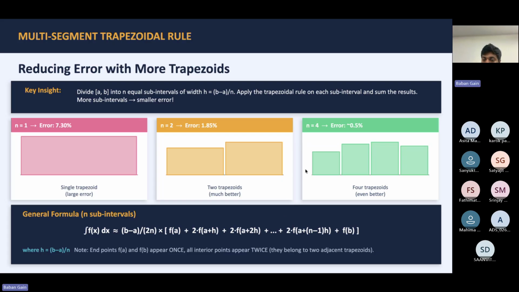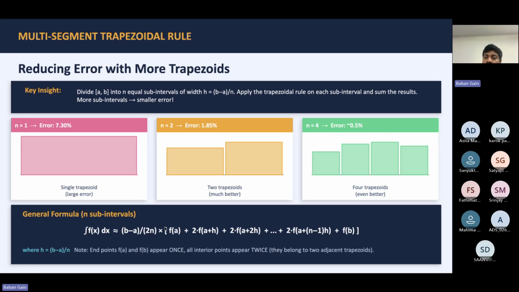We do f of a, which is the starting point, plus f of b, which is the ending point, plus 2 into f of each intermediate point. Why 2? Because this point is the ending of one trapezium as well as the beginning of another. Similarly for here, and here. For the first and last, there is only a single point, so only a single entry.